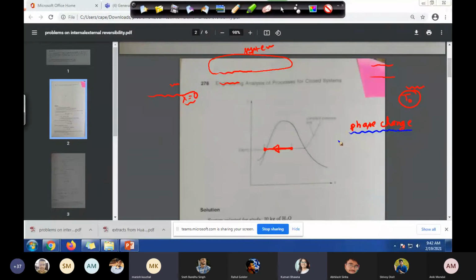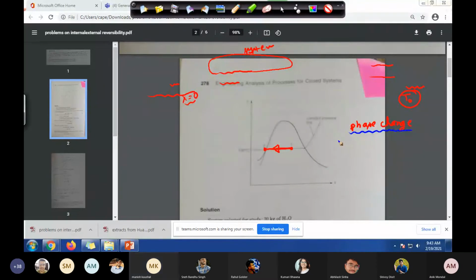Okay, true. Now I'm coming to that question. Yes, but phase change is reversible. I'm not claiming how it is coming, I'm only saying phase change has to be reversible. Now, remember when I was telling you about thermal reservoir, I gave an example. Apart from a large body, what was another example?